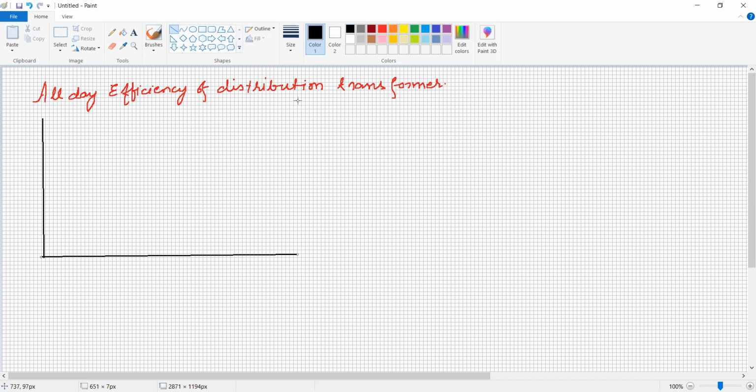It may be on the basis of weekly, monthly, and yearly. So this is the load curve. Now, this load curve is plotted between demand in kilowatt or megawatt. Say we will consider only the load in kilowatt. So this is the load, and here is the duration or time.